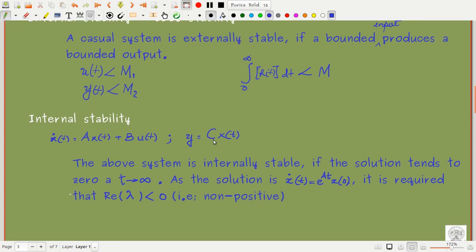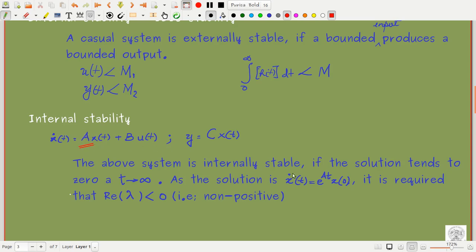In this case, we had seen the stability of the system by looking at the matrix A of the system, depending upon its eigenvalues. In fact, the eigenvalues represent the poles of the system.